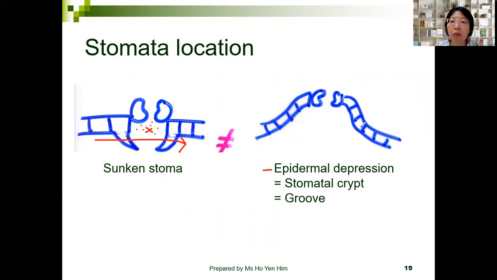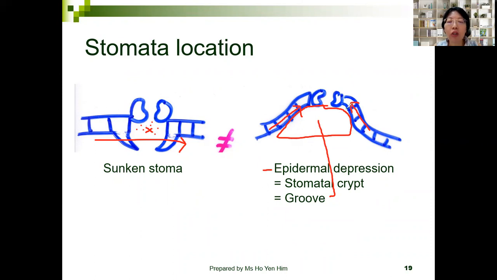Because the epidermal depression is going inwards, it will cause a space to form here that the wind cannot blow to. This space here is called the groove. So the stoma will be hiding in the groove, away from the wind.